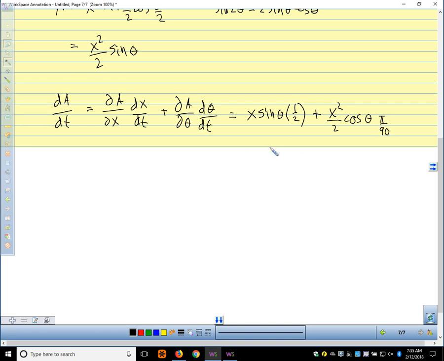And then, so there's our rate of change of our area with respect to time at any particular value of x. And then we are interested in when x equals 6 and theta equals pi over 4.